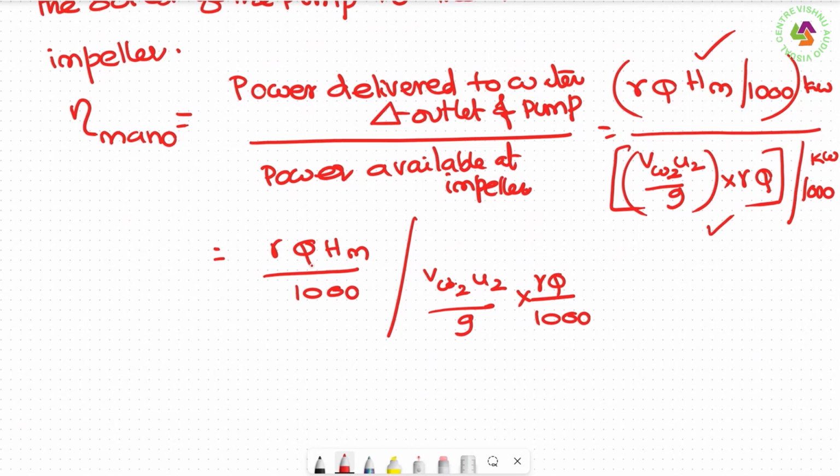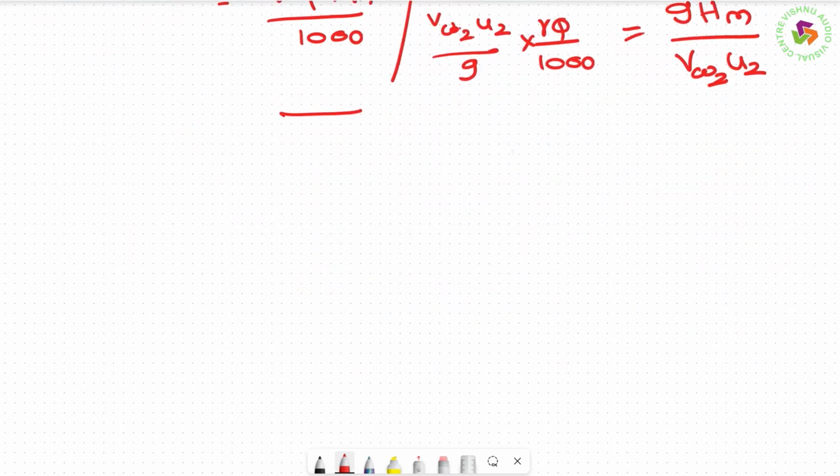So the gamma Q will cancel, 1000 will cancel. So it is g Hm divided by Vw2 U2. That is what I have shown at the beginning also. So finally, the important thing is manometric efficiency is equal to g Hm, where Hm is the manometric head, divided by Vw2 U2.